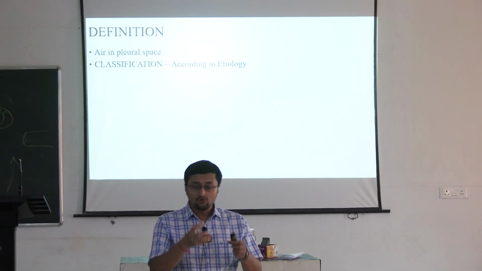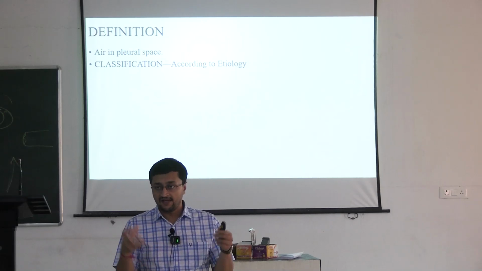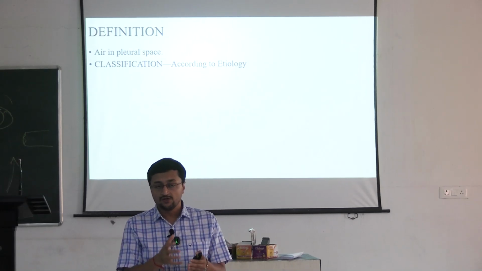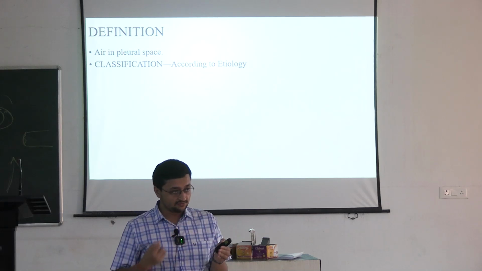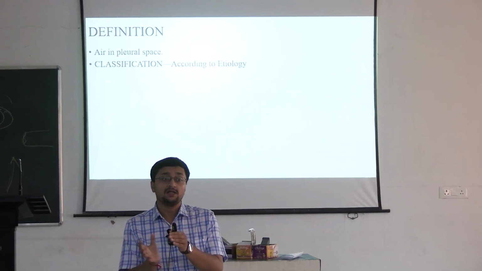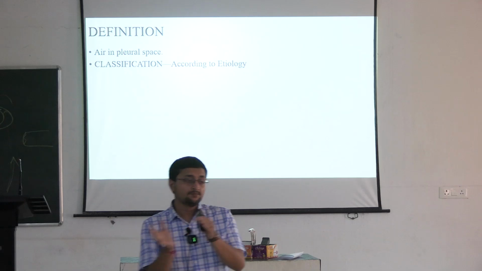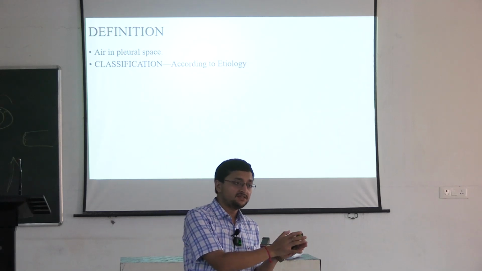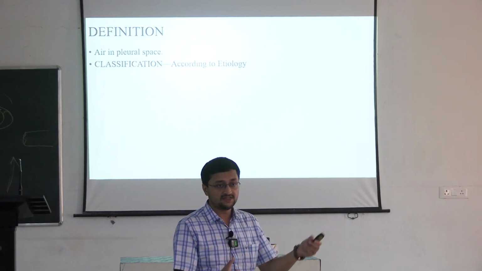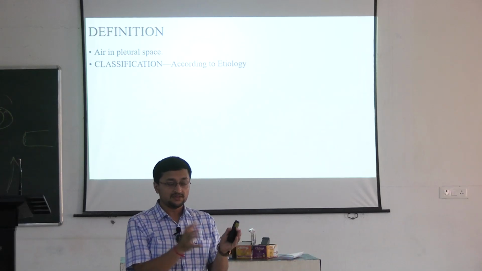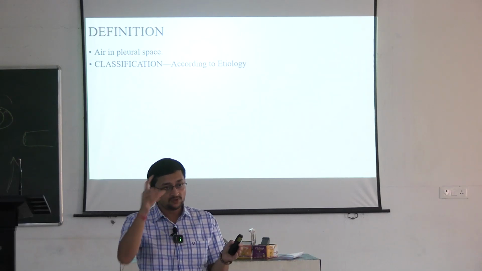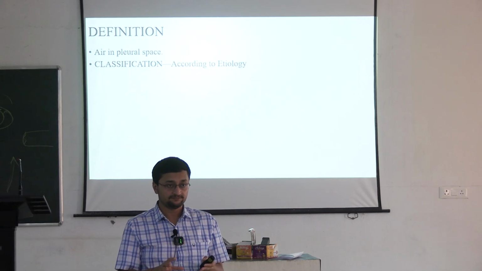Because there are two opposite forces acting at the pleural space, right? One is the lung that tends to recoil inwards, and the chest wall actually tries to push itself outward. So the inward force and the outward force make the pleural pressure negative.